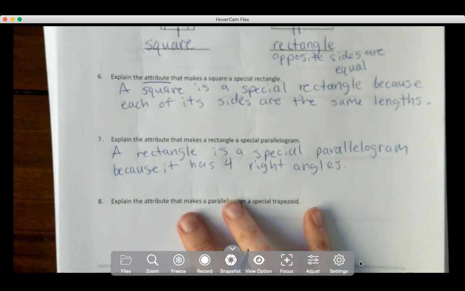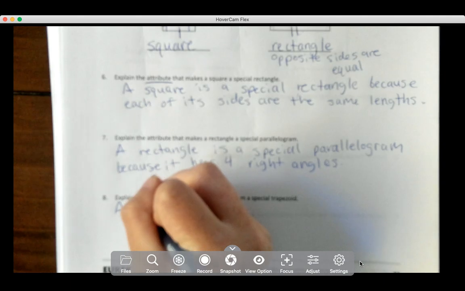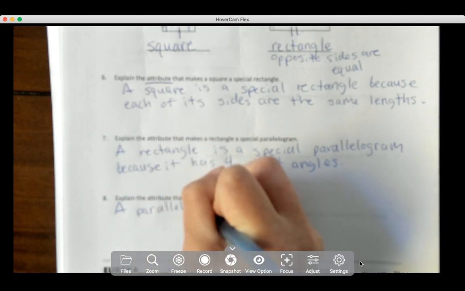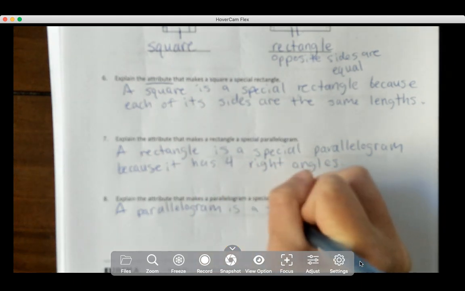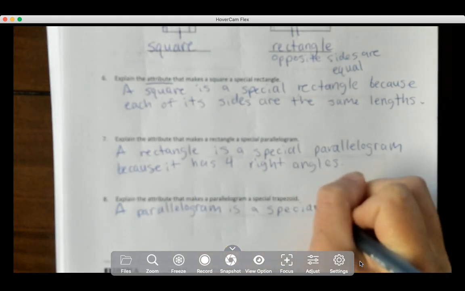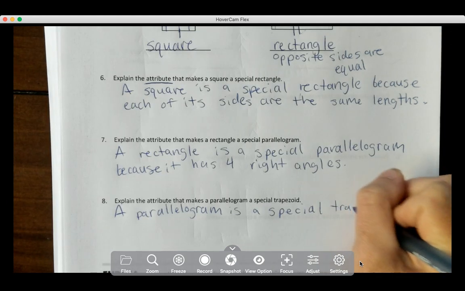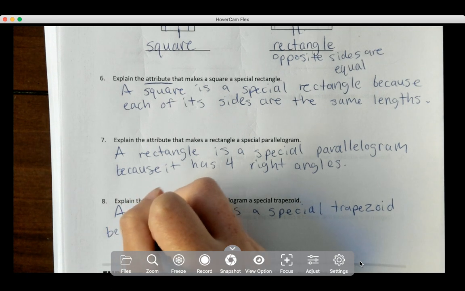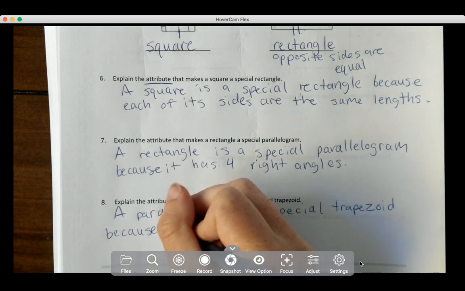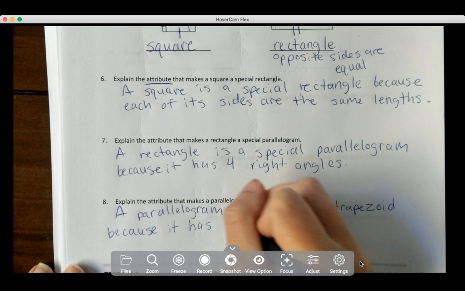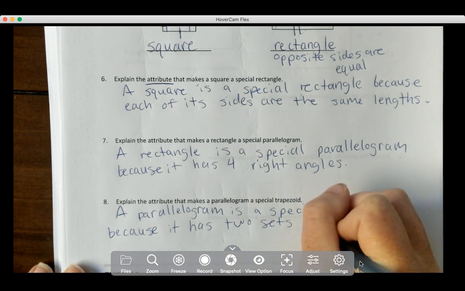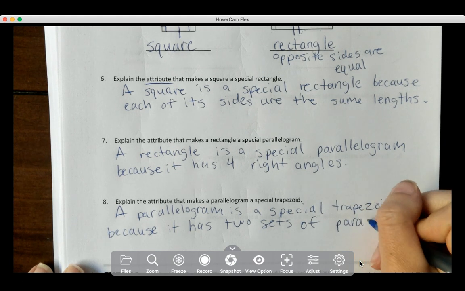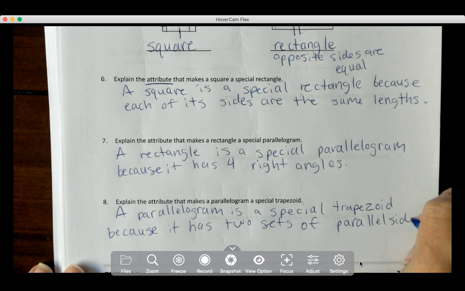Hopefully, you're thinking this. A parallelogram is a special trapezoid because it has 2 sets of parallel sides.